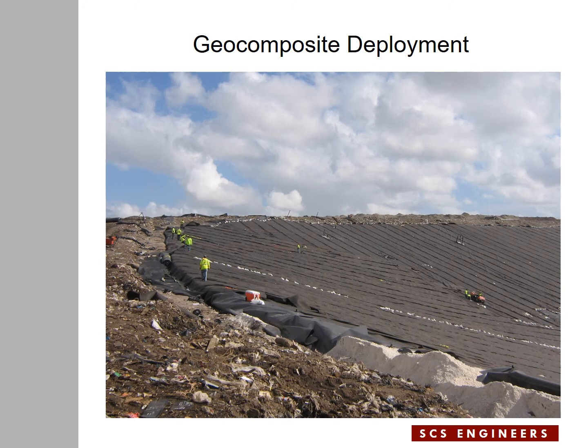This is a completed stage of the composite installation. As you can see, the panels are running into each other. In the very back of the concave surface, the panels are running from north to south, from the top of the slope toward the bottom.